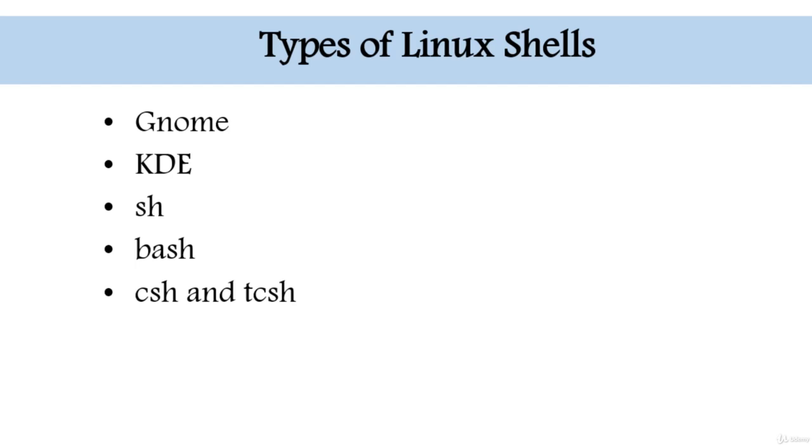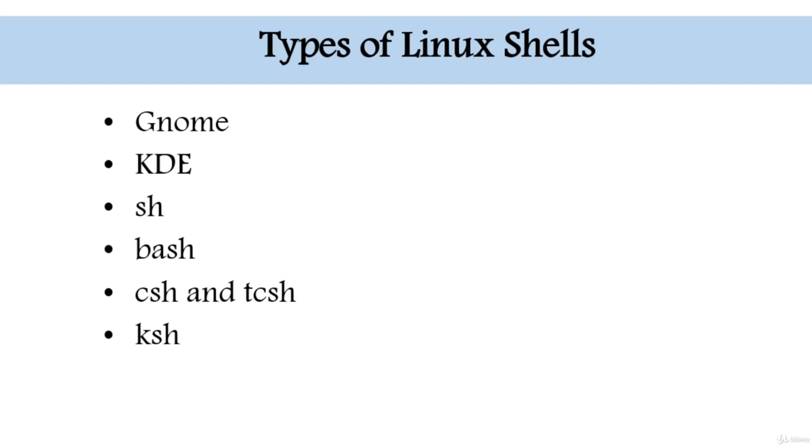Then the last one we have is the Korn shell or KSH. David Korn, see, that's the name. That's why people came up with these shells, because they associated their name with it. The person who came up with the Korn shell was David Korn. He developed the Korn shell about the time the C shell was introduced.